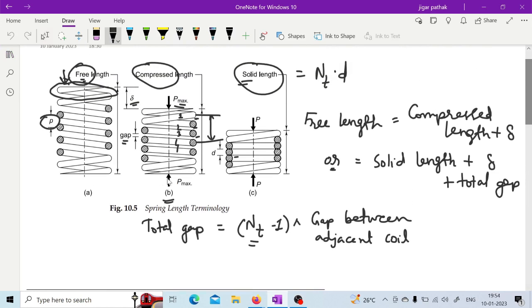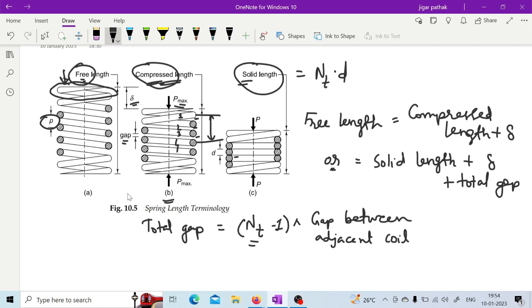If you see here, the compressed length is nothing but the solid length plus the gap, and free length is the compressed length plus the deflection. It means solid length plus gap plus delta will give you free length. Are you getting it? Yes, so we assume 1 mm in the deflected condition. Yeah, in this compressed condition we have assumed that the gap is 1 mm between adjacent coils.